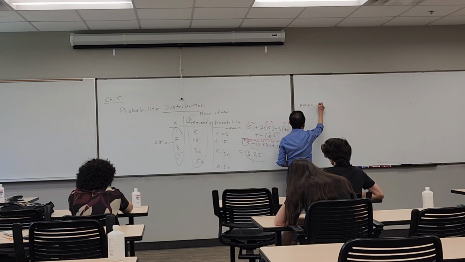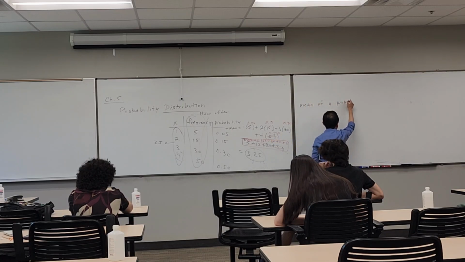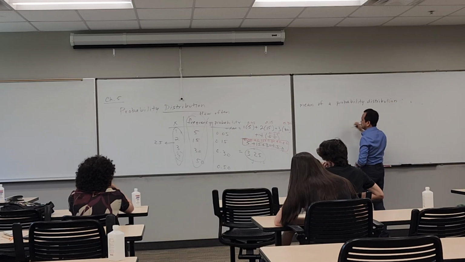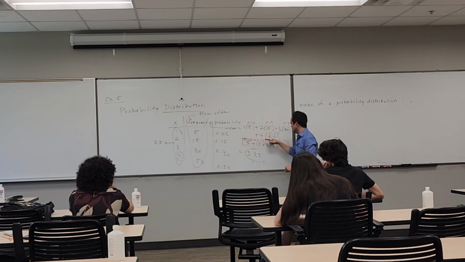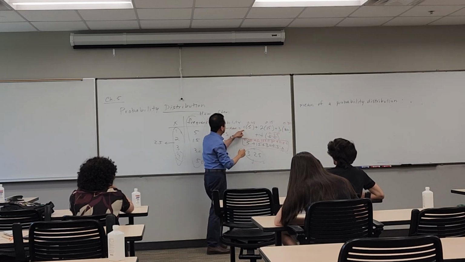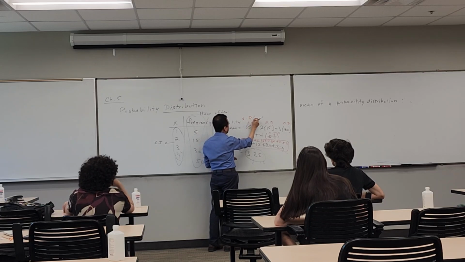So we can generalize this. The mean of a probability distribution is simply the top part of this fraction, which is the sum, where the term of each sum is x times p of x.